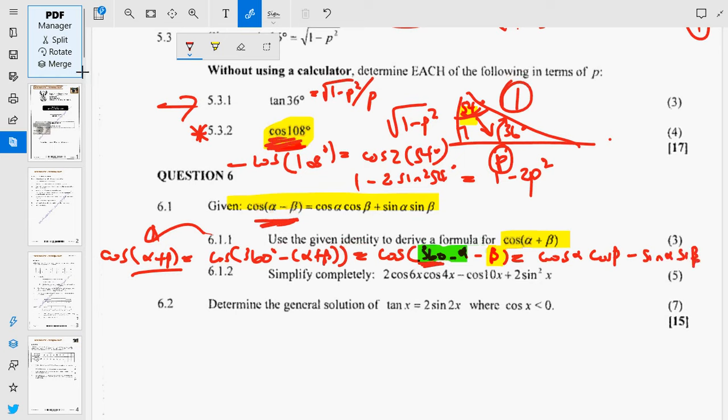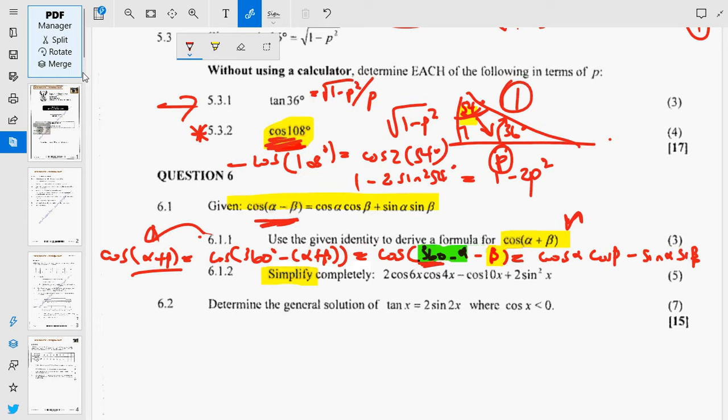Now 6.1.2 was a very tricky question, because they are saying simplify, but they are not telling you the final answer here. I hope you understood that since I've just proved the compound formula, if a question is difficult, the examiners will always lead you.